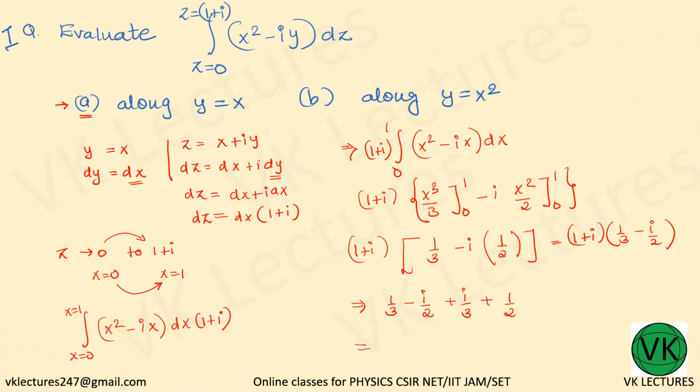So the real term is 1 by 3 plus 1 by 2. The imaginary term is i by 3 minus i by 2. So this is 5 by 6, the real term, and the imaginary term is minus i by 6. So this is the integral.